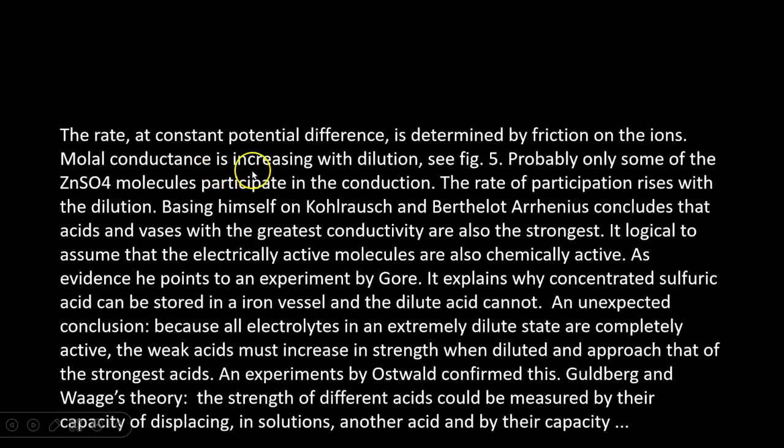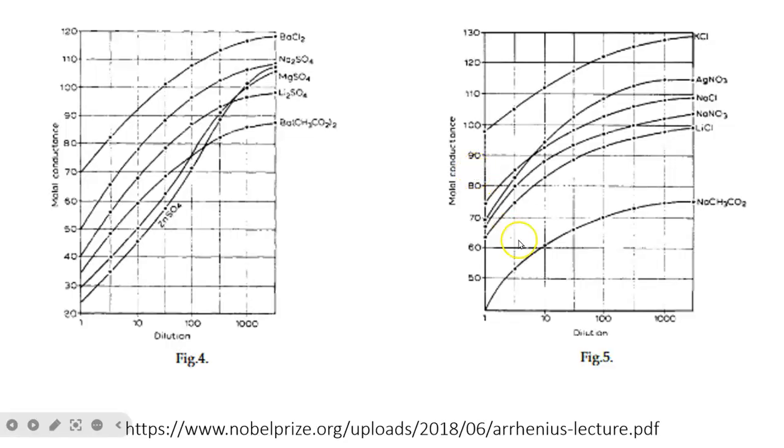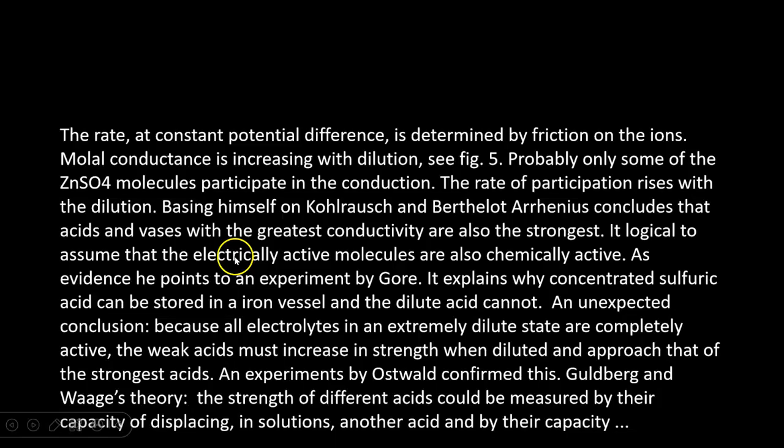Molecular conductance is increasing with dilution. See figure 5. The more diluted, the higher the conductance. You can also see it in 3 and 4, for instance. Probably only some of the ZnSO4, zinc sulfate, molecules participate in the conduction. The rate of participation rises with the dilution.